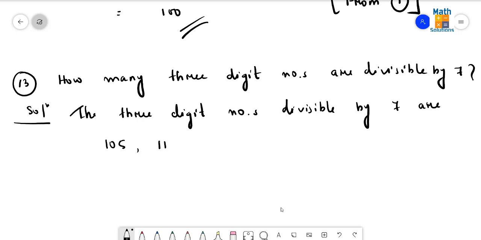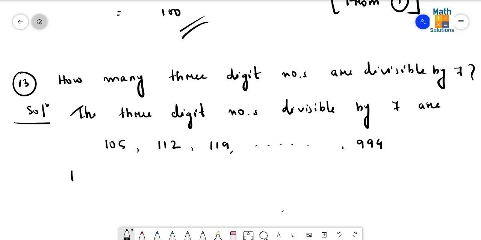The next number could be 112. Then after, the next number is 119, and that goes on. The last 3-digit number before 1000, we can get it to be 994.